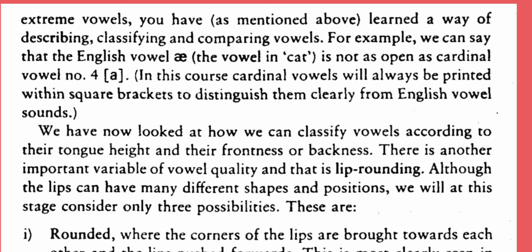For example, we can say that the English vowel A, the vowel in cat, is not as open as cardinal vowel number 4. In this course, cardinal vowels will always be printed within square brackets to distinguish them clearly from English vowel sounds.